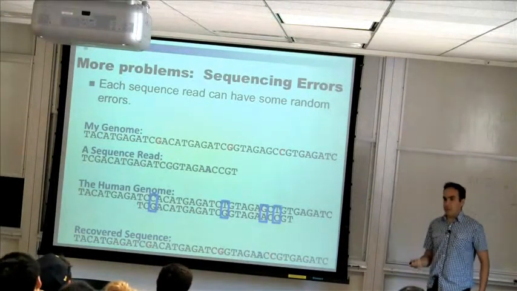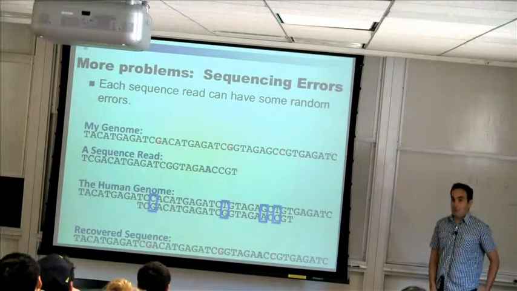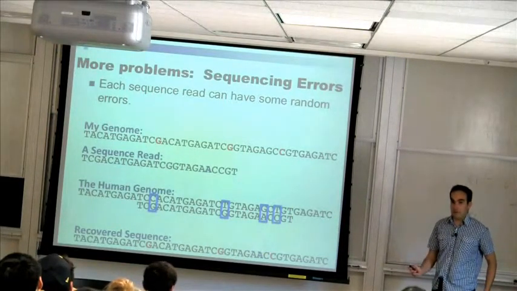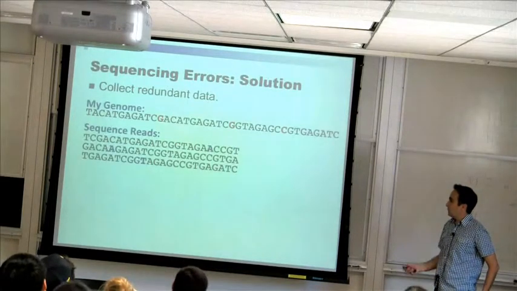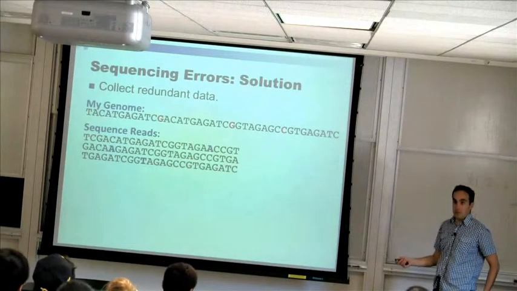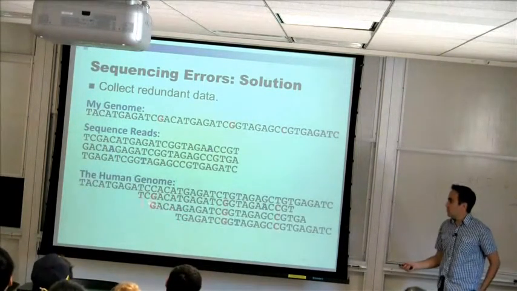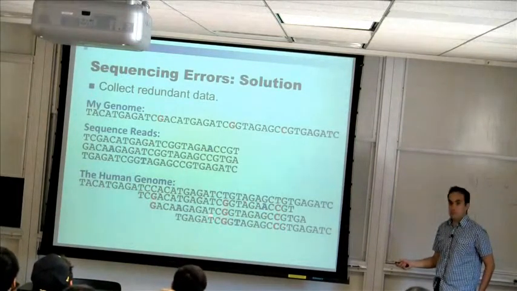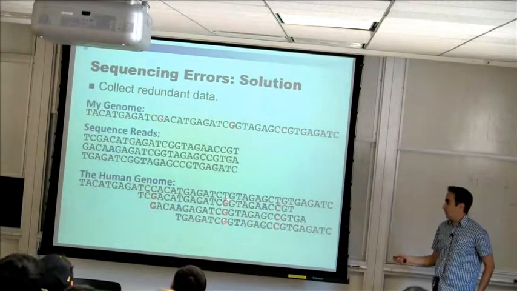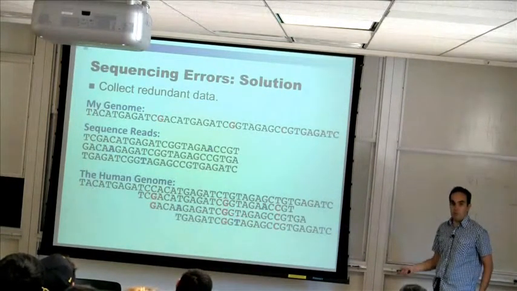So basically, the generic answer is, if you don't know, collect more data. Here, if I get 3 reads instead of just 1, what happens? The true variants, the SNPs, are in all the reads, but these errors are only in some of them, in only like one of them, because they're independent.